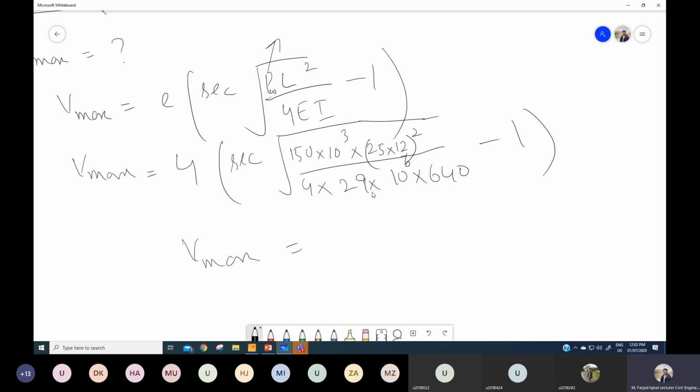Anyone? 5.7. 5.7. Anyone else? 1.1 into 10 raised to minus 4.